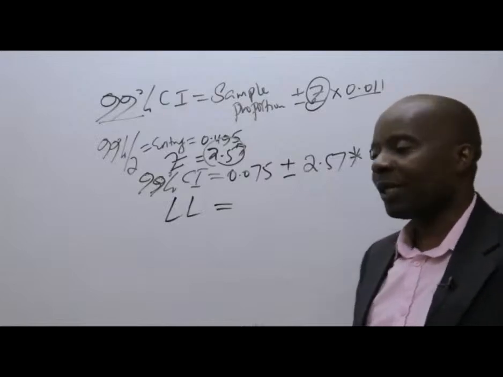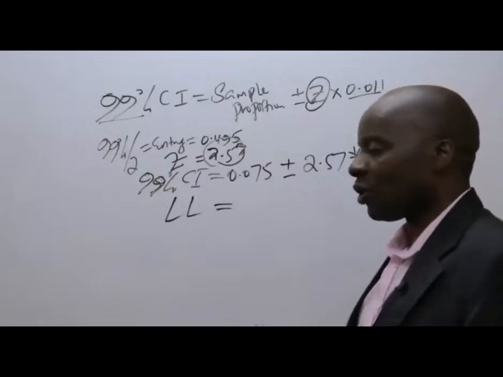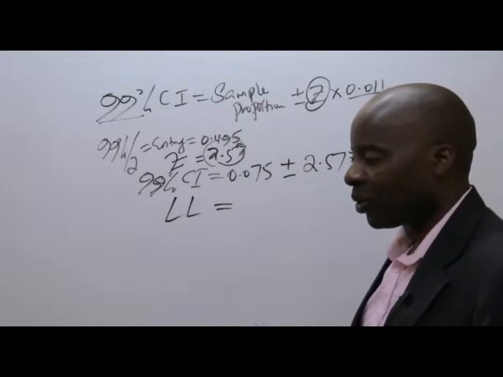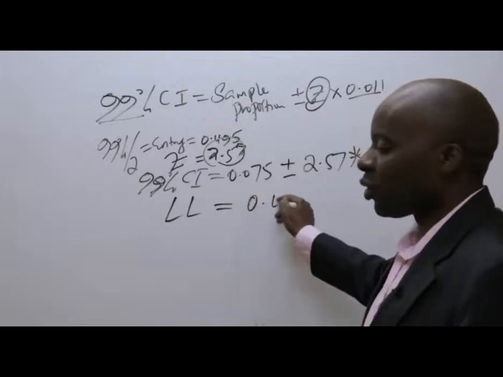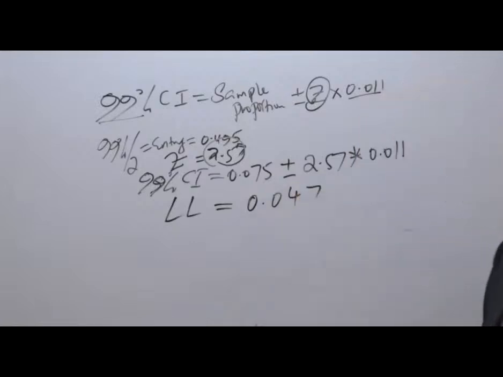You take 0.075 minus 2.57 times 0.011. Please give us a figure. Somebody called HP is giving us 0.047.